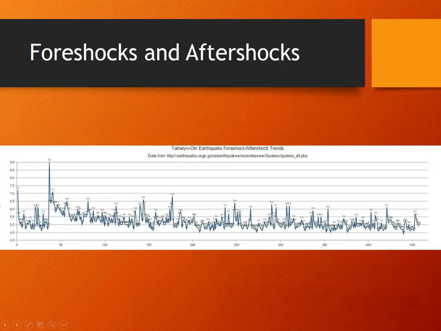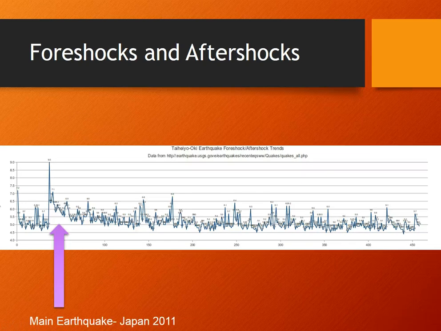Now, some terms we should probably make sure we mention are things like the main shock. So for instance, in 2011, there was an earthquake in Japan. You probably remember this. It was a magnitude 9.0, 8.8. I forget what the exact number was by the time they got done. So what we have here is a graph of earthquakes over time.